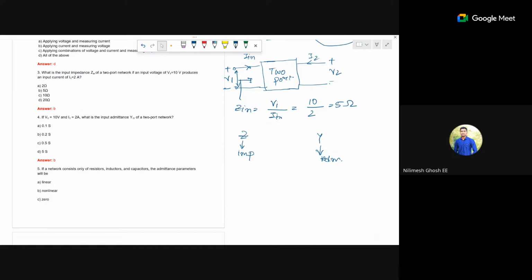But the generic rule is, if you have the Z matrix, you can find the Y matrix, but it is not directly inverting every element. If a matrix element is 2 ohm, the admittance will not simply be 1 by 2. You should take some precautions there. Let me finish first, and then all your doubts will be clear.